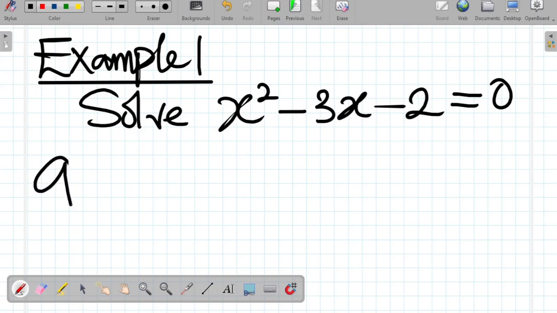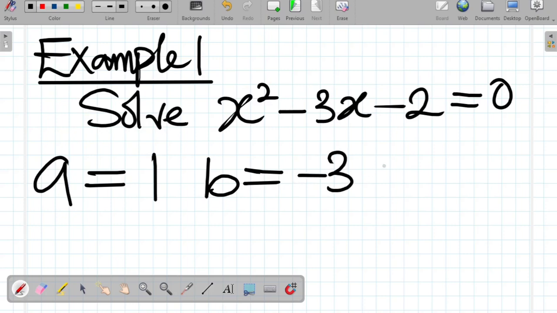Remember that a, which is the coefficient of x squared, is equal to 1. And then b is the coefficient of x. b here is equal to negative 3. And then c, which is constant, is equal to negative 2.